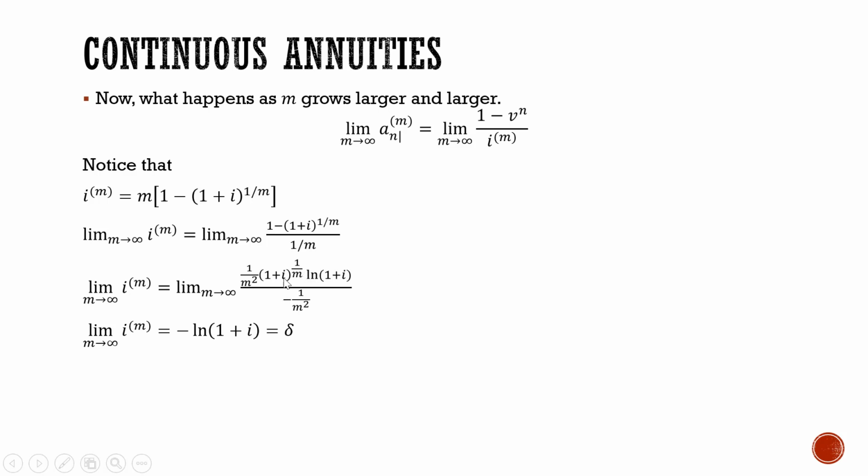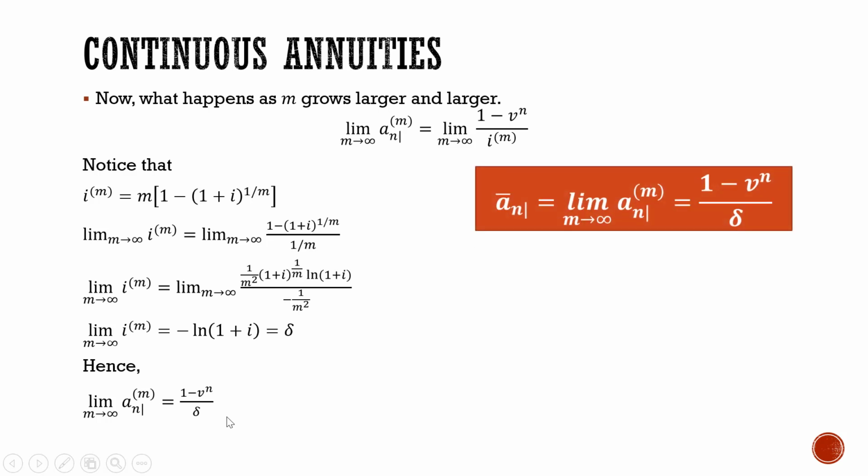So this becomes only natural log of 1 plus i, with a negative sign in the front. And don't forget, natural log of 1 plus i is just delta, the force of interest. So we are going to use this in the formula. The limit of this annuity when m goes to infinity is basically 1 minus v to the n over delta.